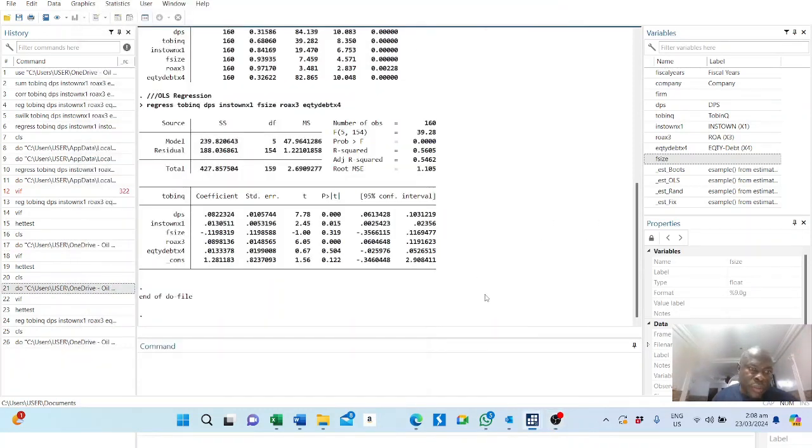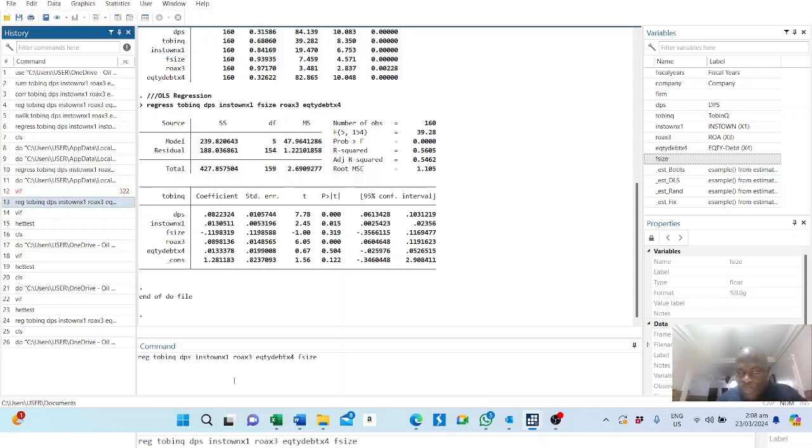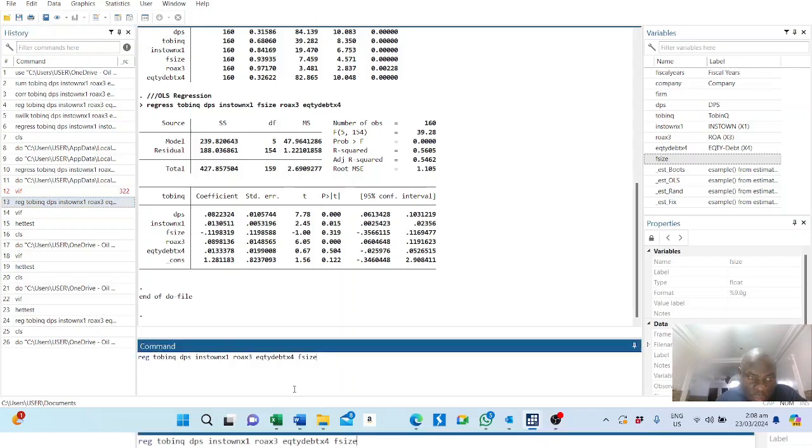Now, to address the heteroskedasticity issue, we need to run the robust regression. And running a robust regression simply means adding robust to our regression command.